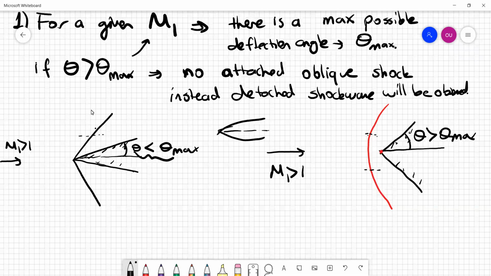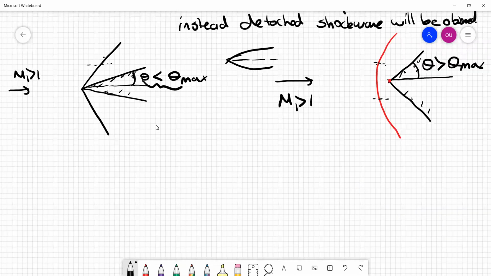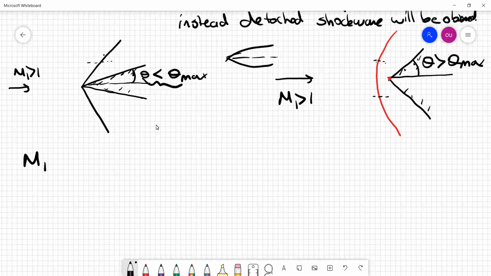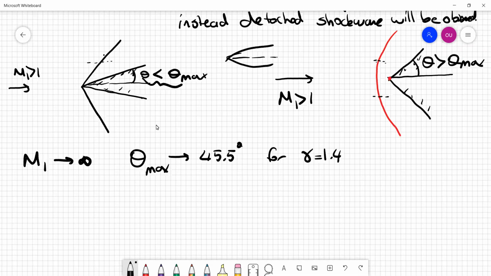Mathematically, this equation also implies one thing: as flight Mach number increases, let's say goes to infinity, which physically means goes to larger and larger values, theta max converges to about 45.5 degrees for air.